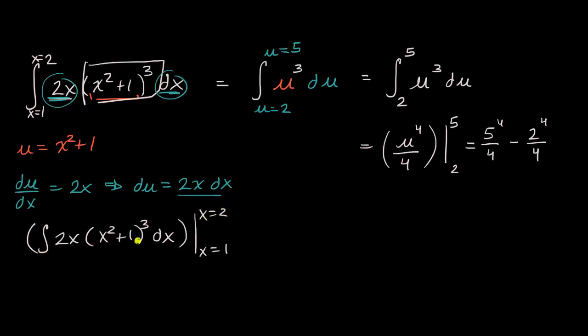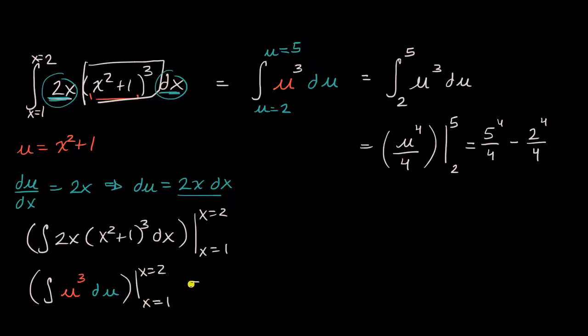And so then you use the u substitution right over here, and this would simplify using the same substitution to the integral of u to the third power du. And once again, you're going to evaluate this whole thing at x equals 2, and then subtract from that, it evaluated at x equals 1.